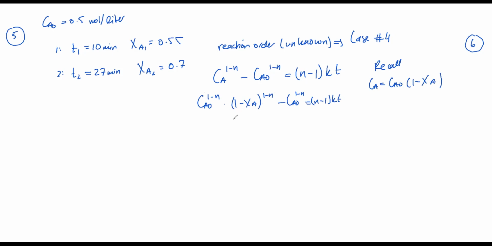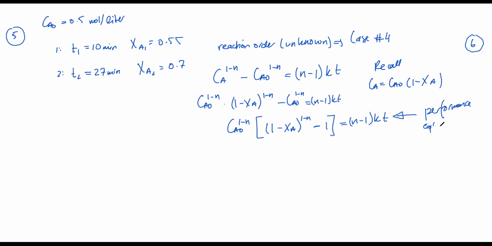I'm going to take Ca note out, so I have Ca note to the 1 minus n times 1 minus Xa to the 1 minus n, minus 1, is equal to n minus 1 times kt. Okay, and this will be the equation I use. You can use this equation directly, but this is basically the performance equation for case number 4.